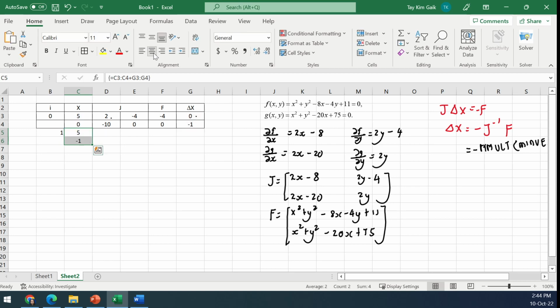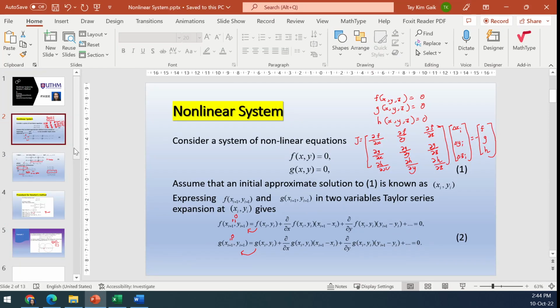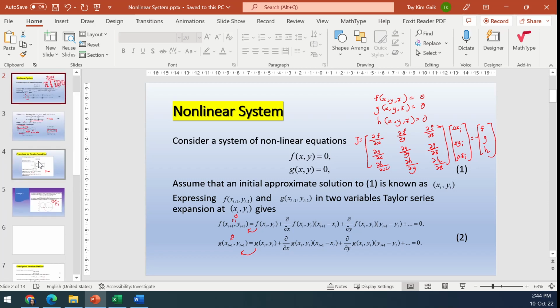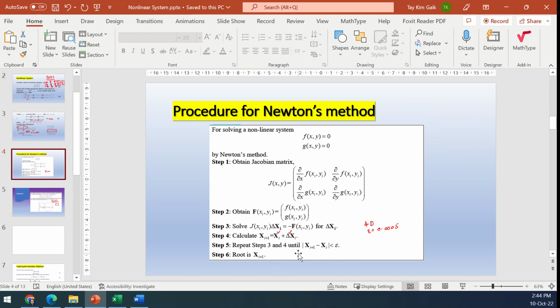If you deal with more than one cell, please select that location and press Ctrl Shift Enter. So that's the procedure. Vector x i plus 1, when i is 0, given vector x naught, you can find vector x1 equal to x naught plus delta x naught.